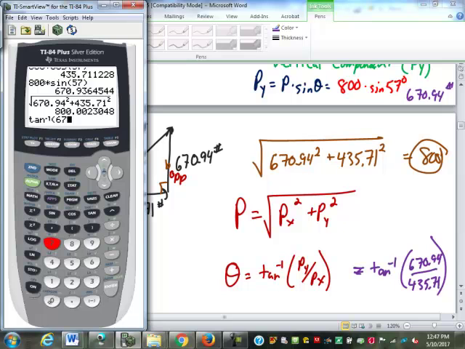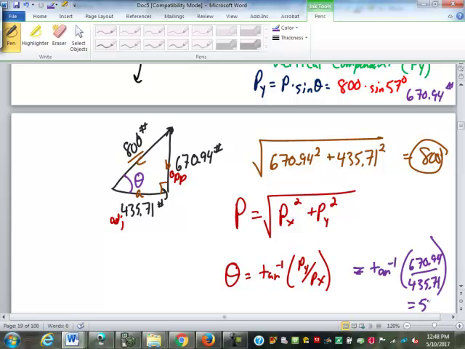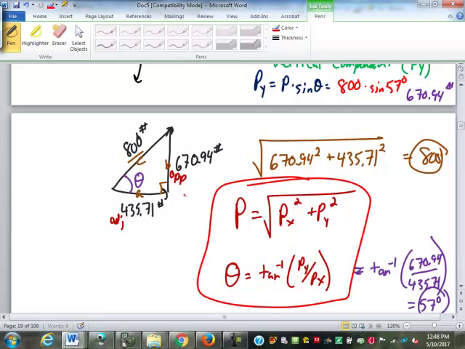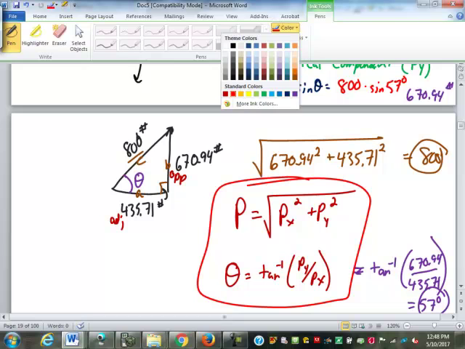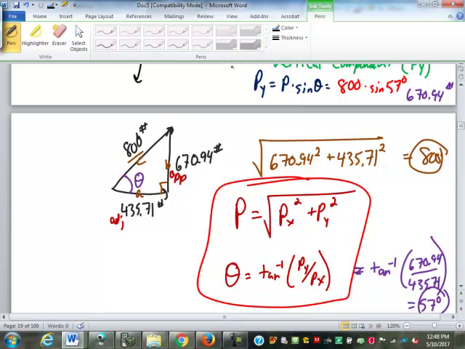Better give me about that 57 degrees, and there it is. It is 57 degrees. So that's one of the first things we need to be able to do, is to go back and forth between components and the magnitude and angle notation.